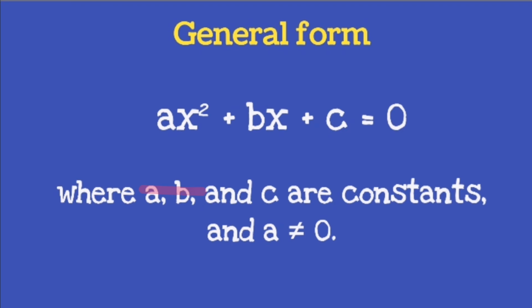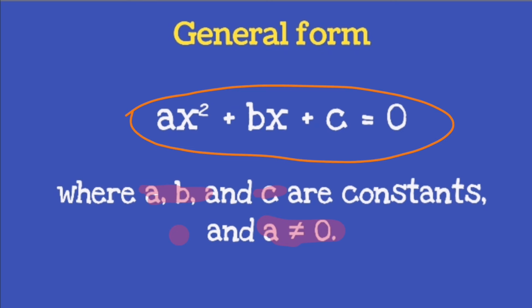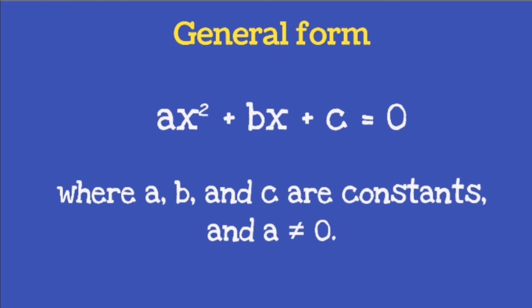Where a, b and c are constant and a will be not equal to 0, because if a is equal to 0, then the given quadratic equation changes to bx plus c is equal to 0, and this is the general form of linear equations.